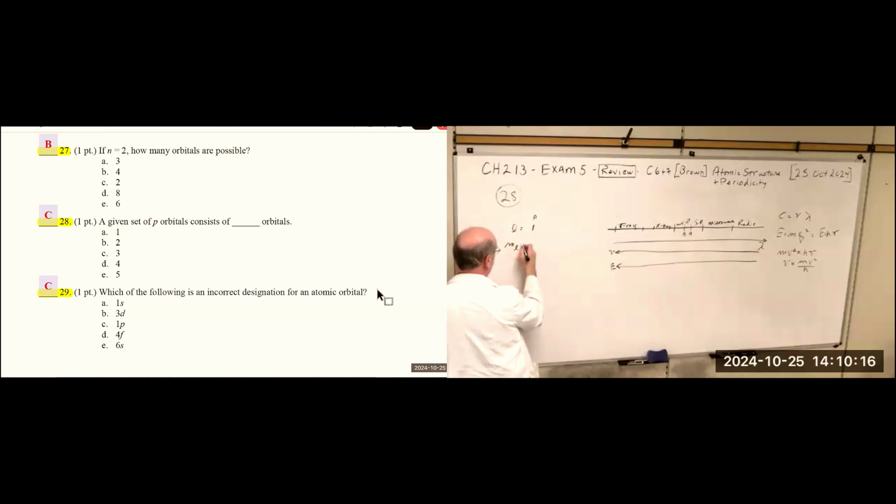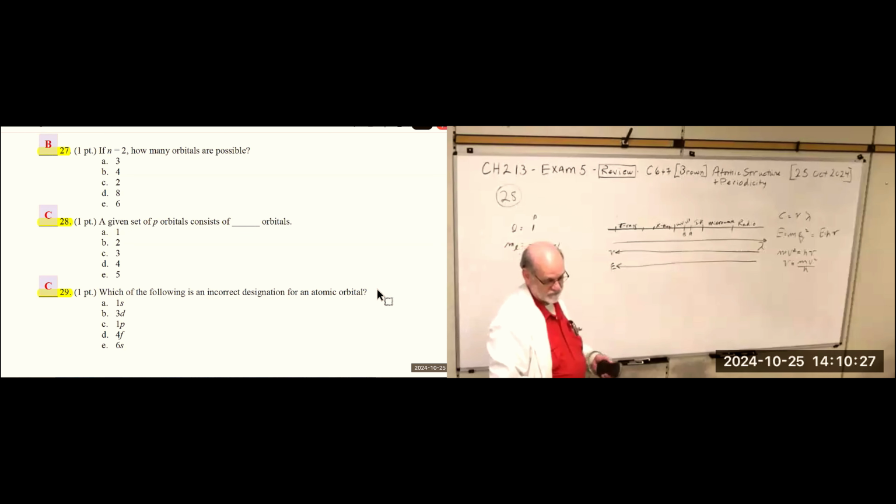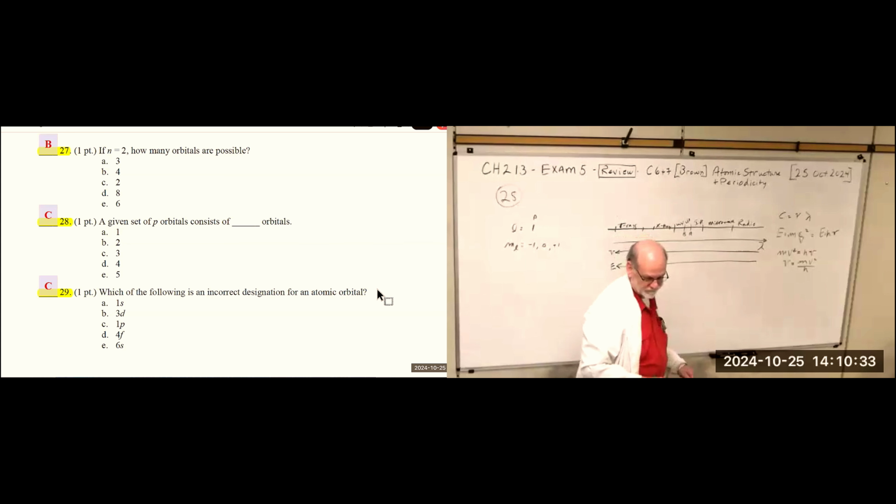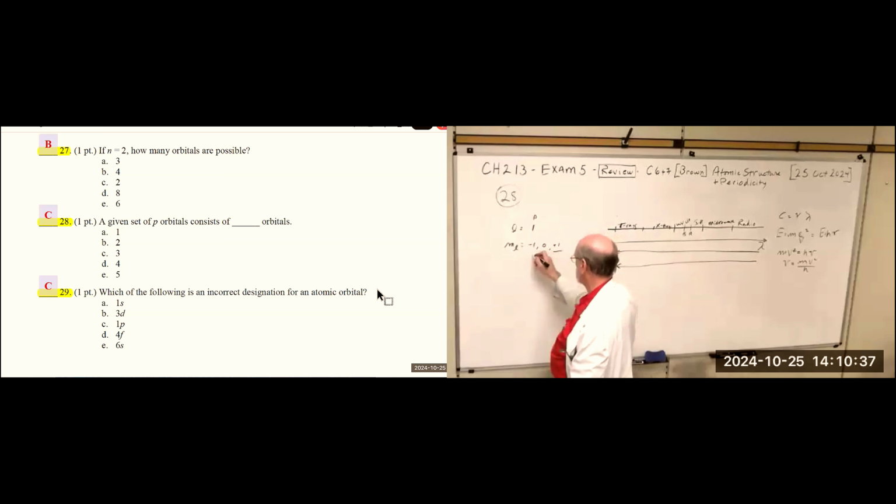And then the m sub L values would be -1, 0, +1. So you have three orbitals in a p subshell. And for convenience, we usually call them x, y, and z.